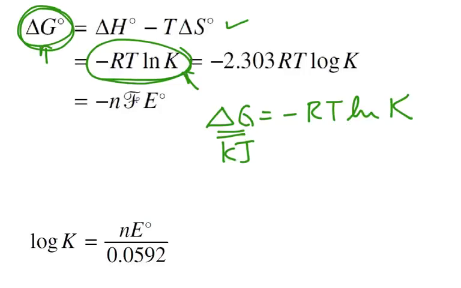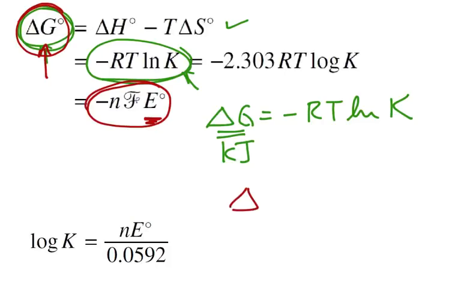Now notice here's delta G, and that equals negative NFE. So here is E0 from the electrochemistry chapter, and here's delta G again from the thermodynamics chapter. So those two are connected. Delta G is equal to negative NF E0.